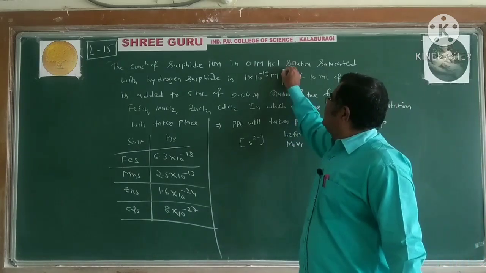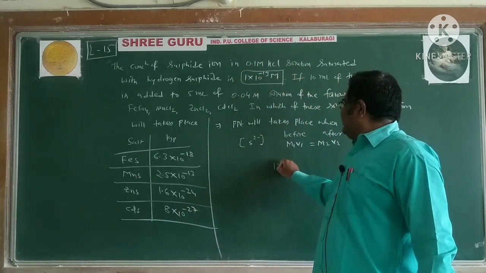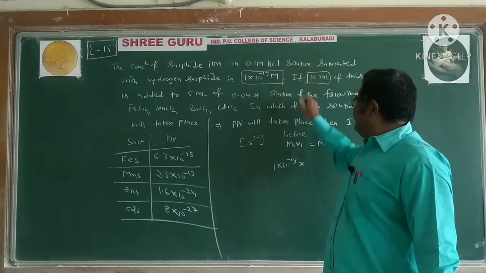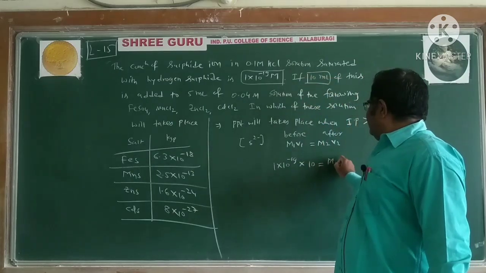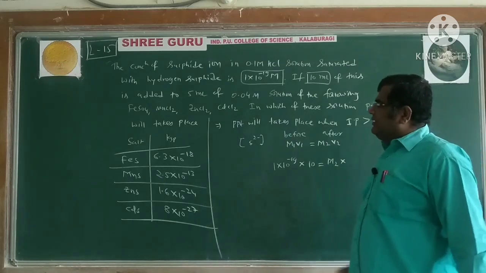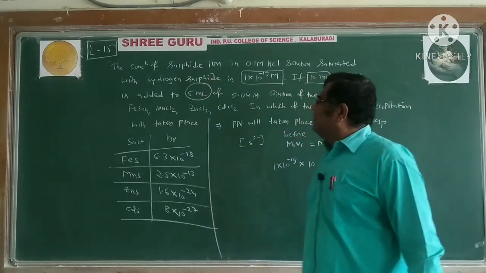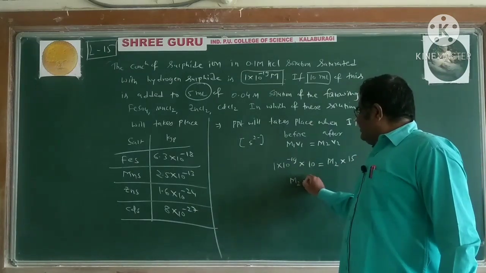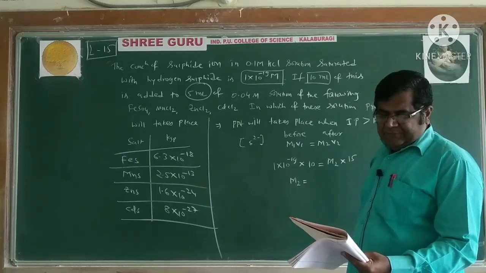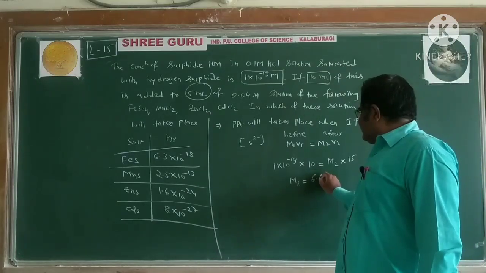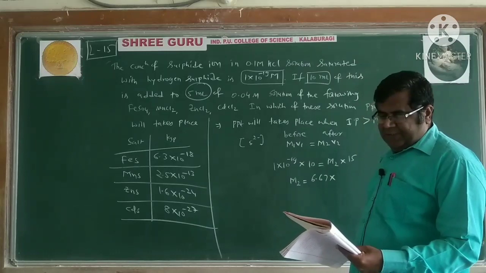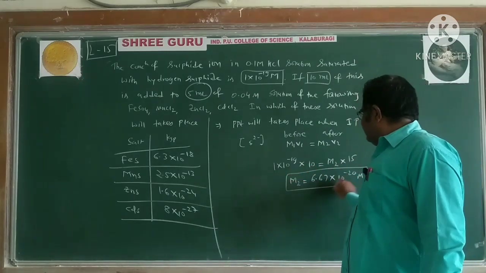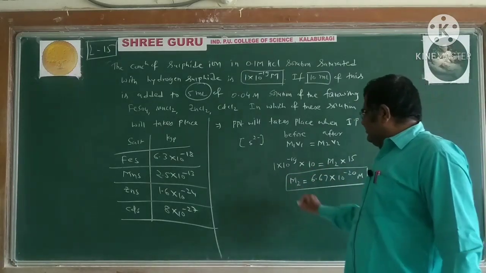M1 is 1 into 10 raised to minus 19. V1 is 10 milliliter. Next molarity we have to calculate. And it is added in 5 milliliter. This volume is 15. So we can calculate this molarity. And that happens to be 6.67 into 10 raised to minus 20 mole per liter. This is the sulfide ion concentration.